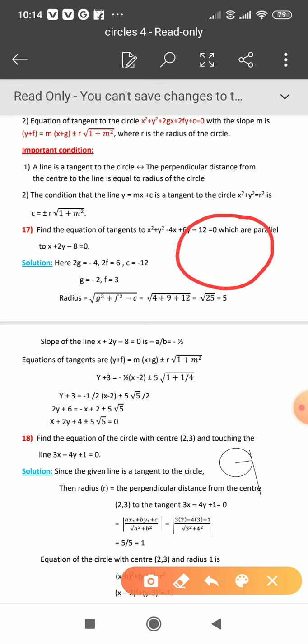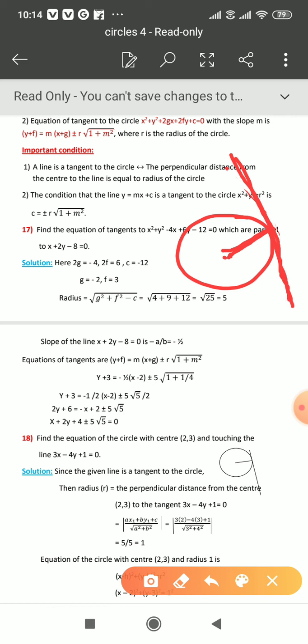This is the circle. Suppose this is a tangent. This is the center. So the distance from the center to this line is clearly equal to the radius. So the distance from this center to this tangent is equal to the radius, then this line is a tangent to the circle.